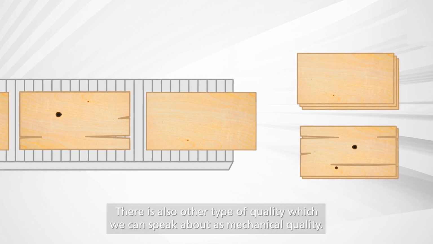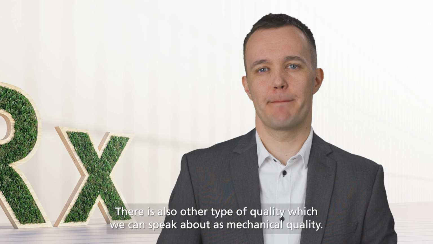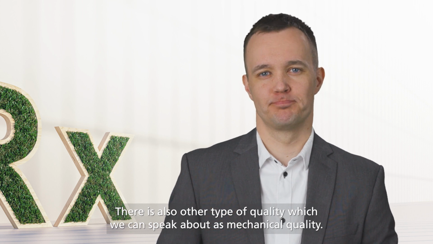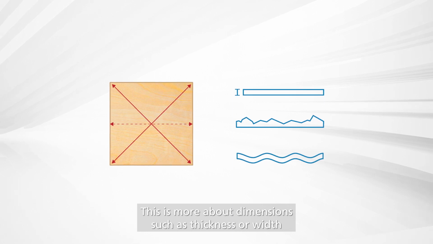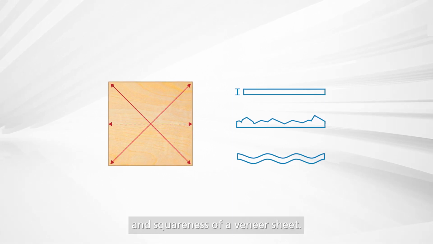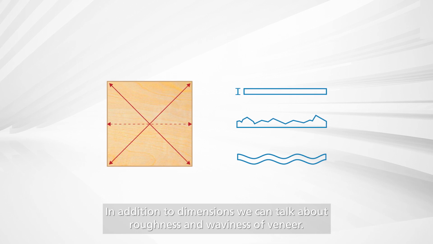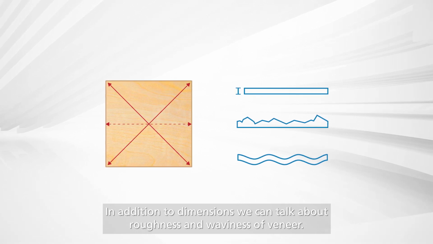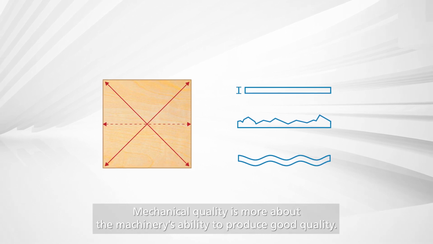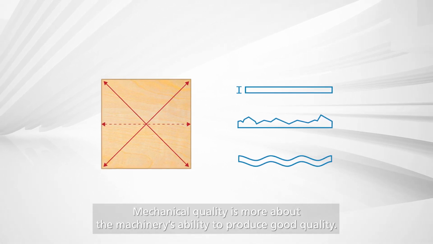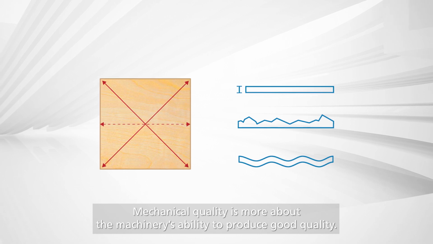There is also other type of quality which we can speak about as mechanical quality. This is more about dimensions such as thickness or width or squareness of a veneer sheet. In addition to dimensions, we can talk about roughness and waviness of veneer. Mechanical quality is more about the machinery's ability to produce good quality.